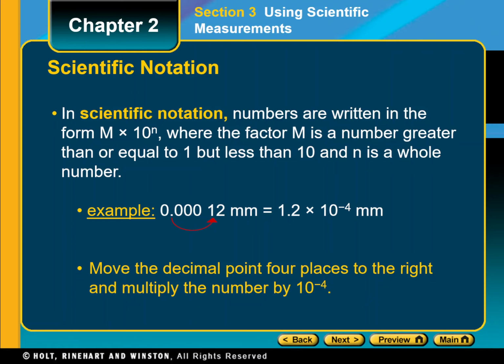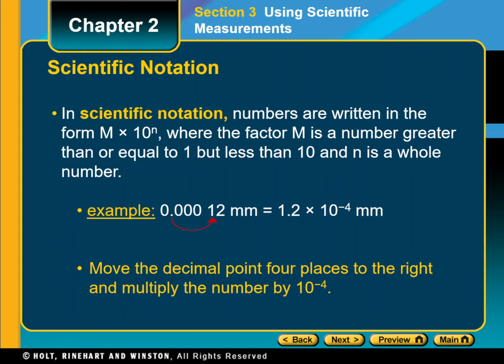Instead, measurements are often given in scientific notation. In scientific notation, numbers are written in the form m times 10 to the nth power, where m is greater than or equal to 1, but less than 10, and n is a whole number.